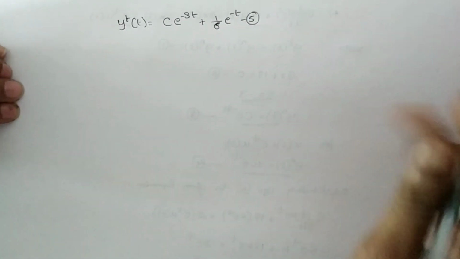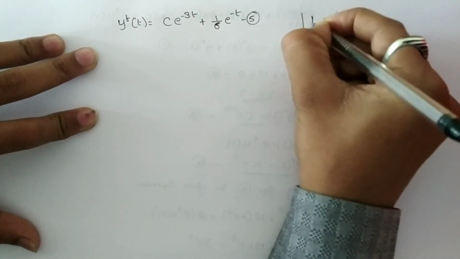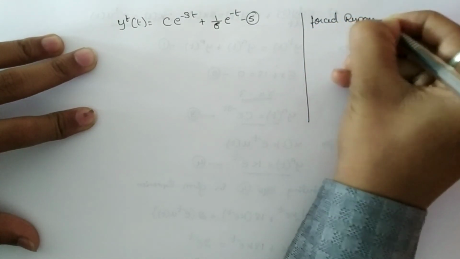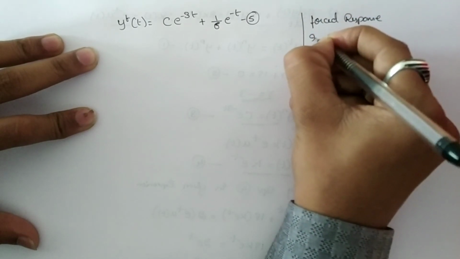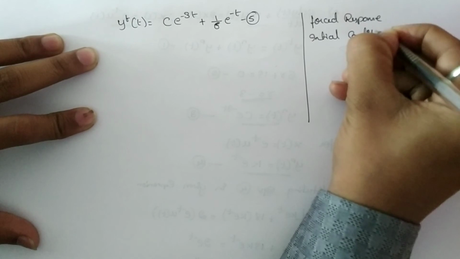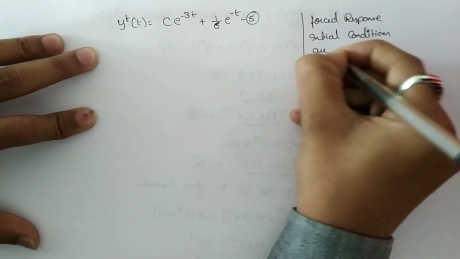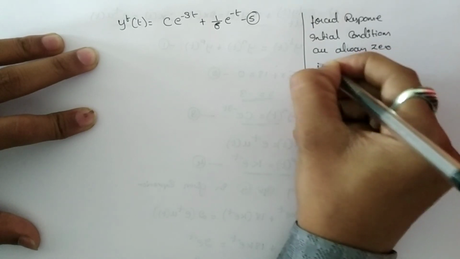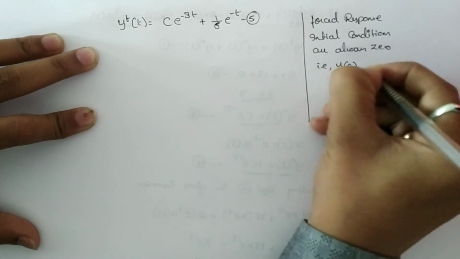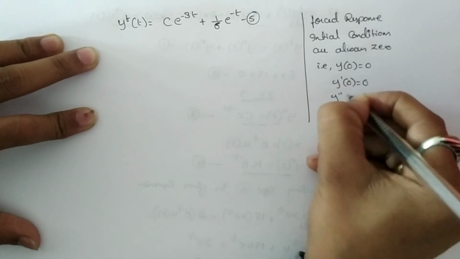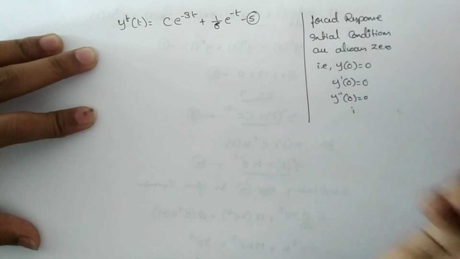Okay, as I said, for the forced response, the initial conditions are always 0. That is, y of 0 is equal to 0, y dash of 0 is equal to 0, y double dash of 0 is equal to 0, and so on.